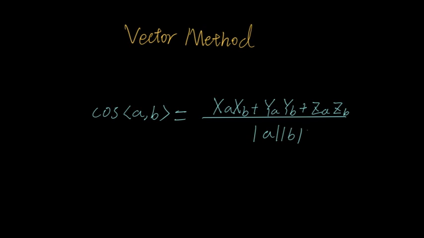And then divide all that by the length of A and the length of B. So that's the core formula of the vector method, and the vector method is about how to actually use this formula. So I'll just put it here. Okay, that's the core formula of the vector method.